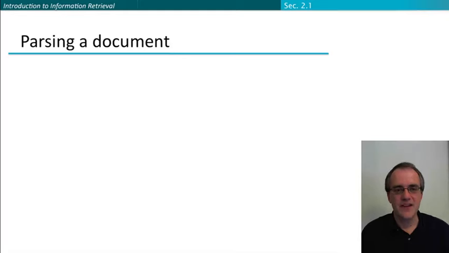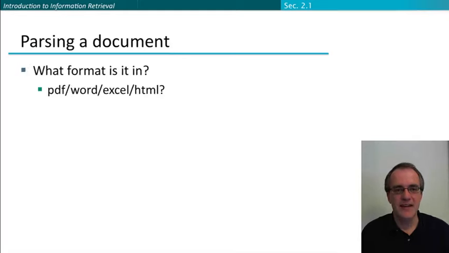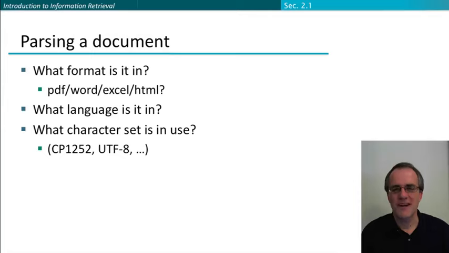So the very first questions that we need to work out are: what format is the document in? Is it a PDF document, or a Microsoft Office document, or an HTML web page? What language is it in? French, Chinese, Swahili? What character set is in use, which might be a Unicode encoding like UTF-8, which can be used for many different languages, or it might be a language-specific character set or a proprietary character set like Windows Code Page 1252?